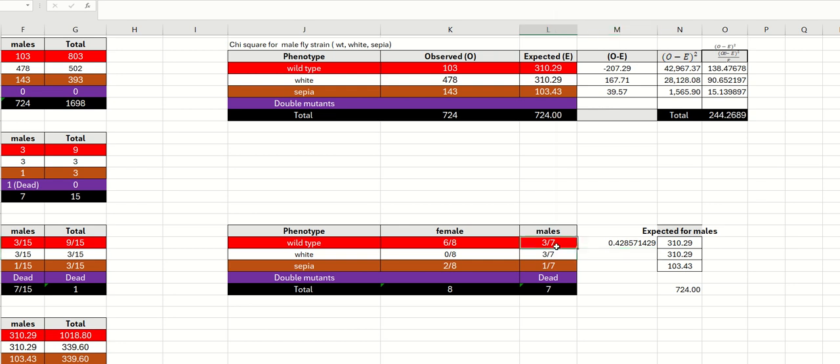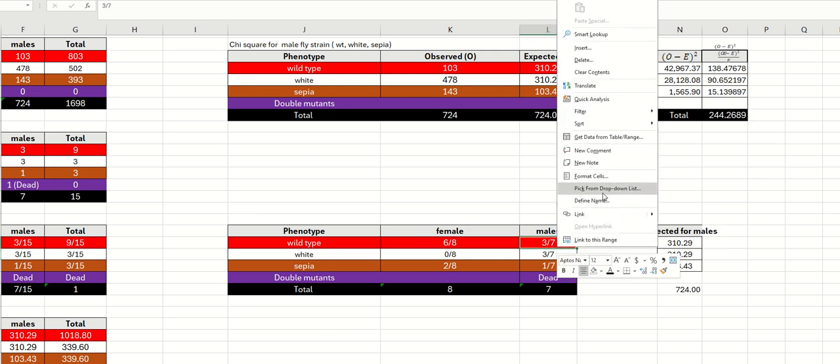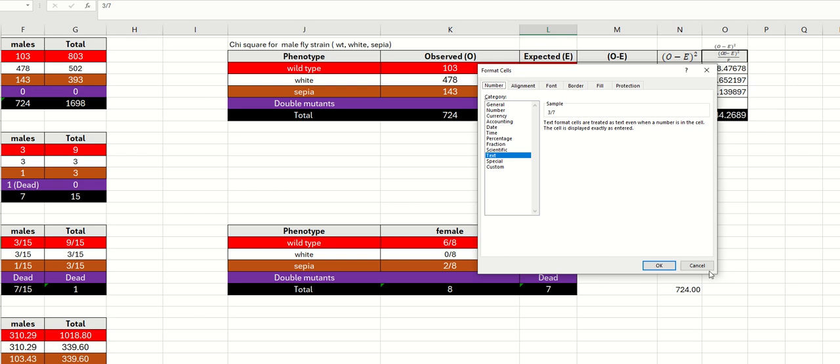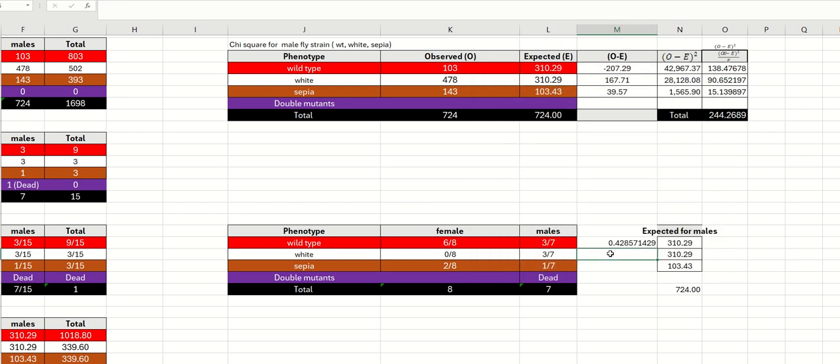So what I did was change the format of the cell to text, so it's easier. This is why I sometimes cannot apply a formula here.